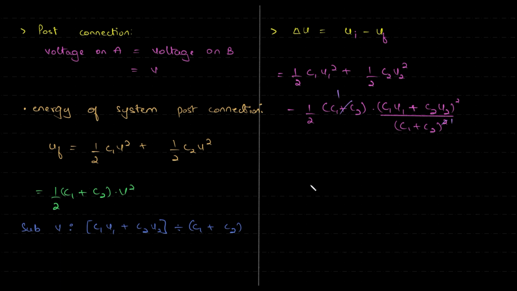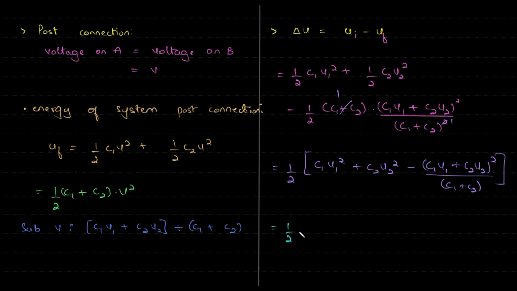I'll take half out, and we have C1 V1 square plus C2 V2 square, and then minus, I was thinking of expanding this, but that will not happen, C1 V1 plus C2 V2 whole square divided by C1 plus C2. So we need to do a bit of math over here.